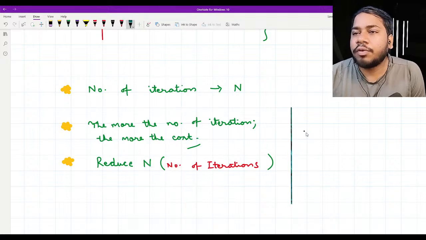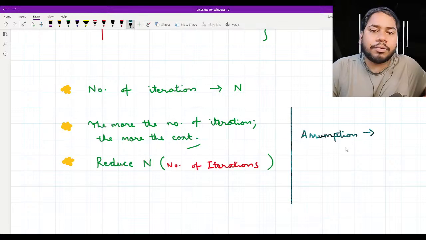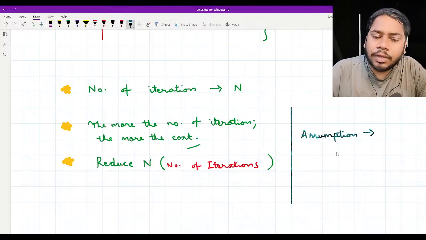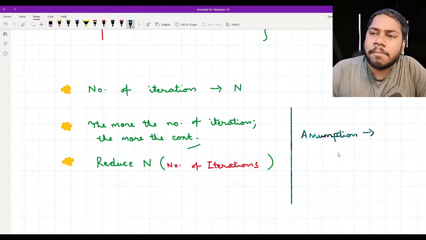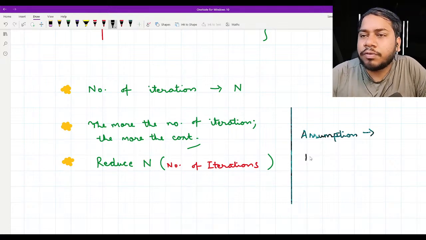What we are assuming is, suppose, let's take something like this because the loop is not doing much. So 10 to the power 8 iterations.